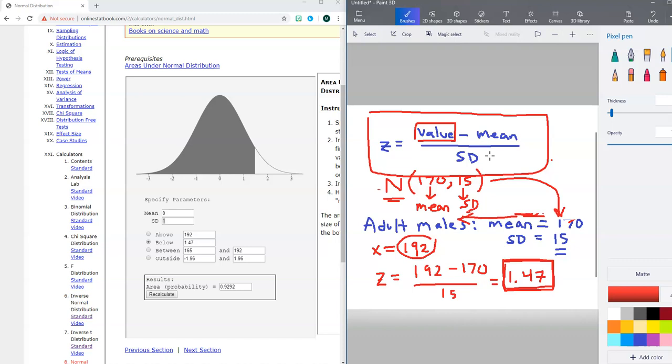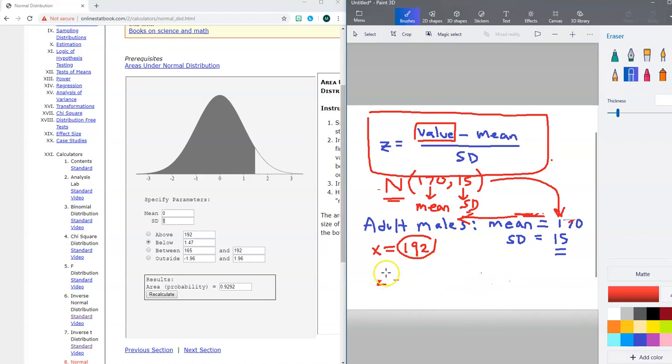But for a big part of the course, when you're going to be doing hypothesis tests for means, you're not going to be looking at a distribution of individual weights, but you're really going to be looking at distributions of sample means. So when you take a sample of males, how do we expect the means of the samples to behave?